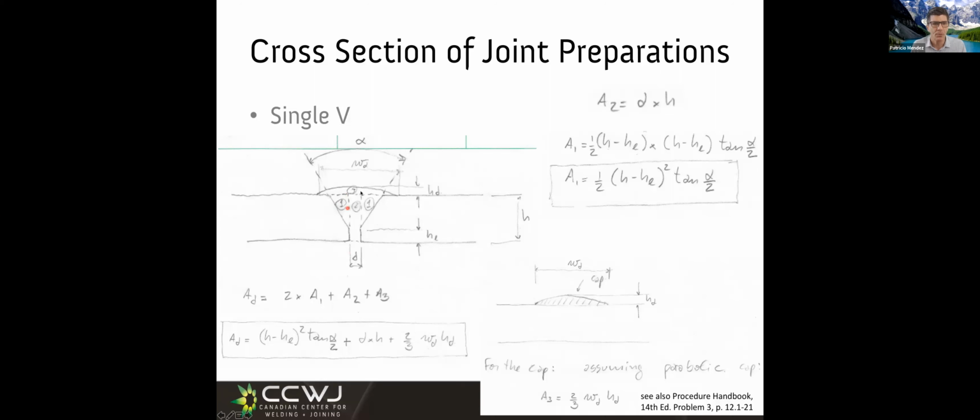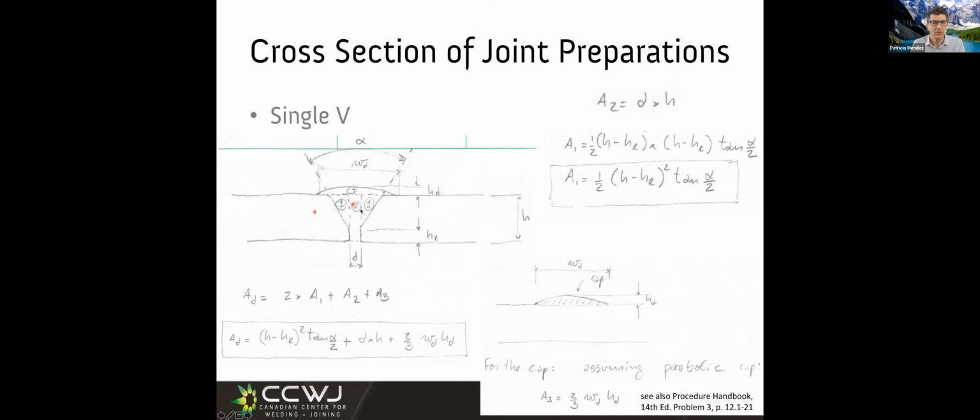So what would we have here? If we have a joint like this, I would split it, and let's say that the root is flush to save ourselves some headaches. I can split this into 4 areas, 4 types of areas, right? One area would be a rectangle. The other area would be a triangle. We have 2 of those, but they are the same, right?